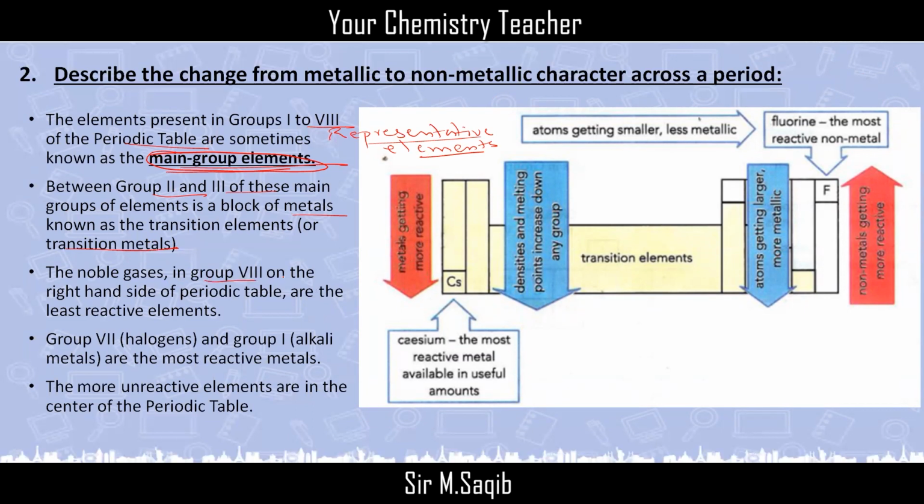The noble gases on the right side of the periodic table are in group 8A, and they are not least reactive, they are non-reactive. Group 7A are halogens, and as halogens are on the right side of the periodic table, they are the most reactive non-metals. Group 1A, which is called alkali metals, is on the left side of the periodic table, and they are the most reactive metals.